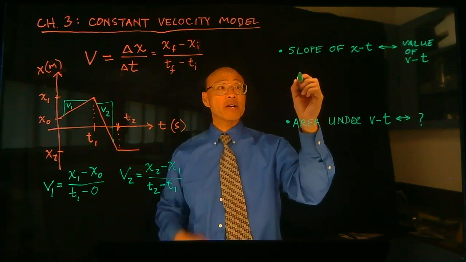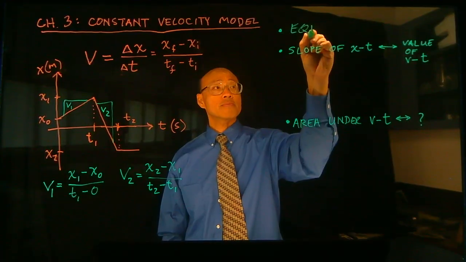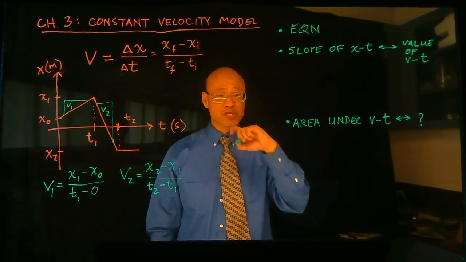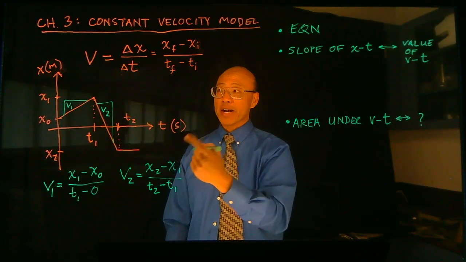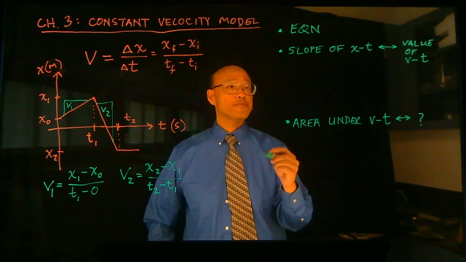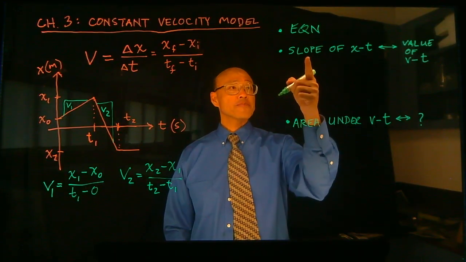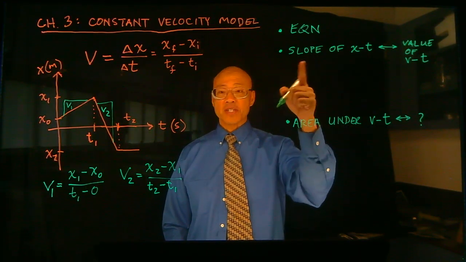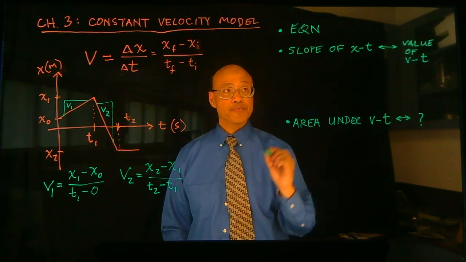So the main takeaway here, besides the equation, is that we should make sure we're comfortable with using the equation. The new representations that you practiced are position-time graphs and velocity-time graphs. In fact, we'll do one for this in just a sec. We know that the slope of a position-time graph corresponds to the value of v.